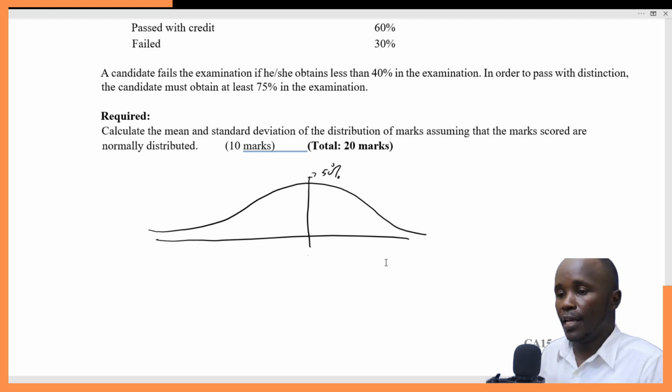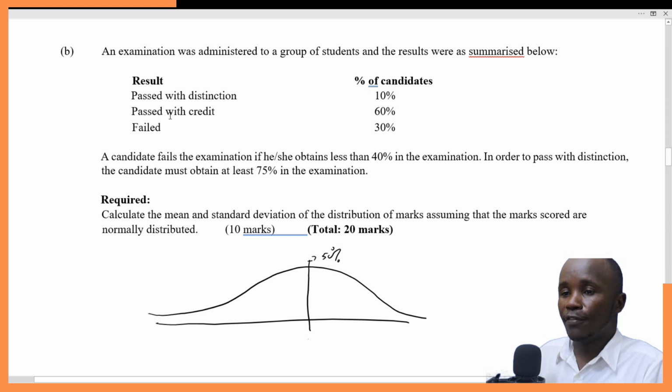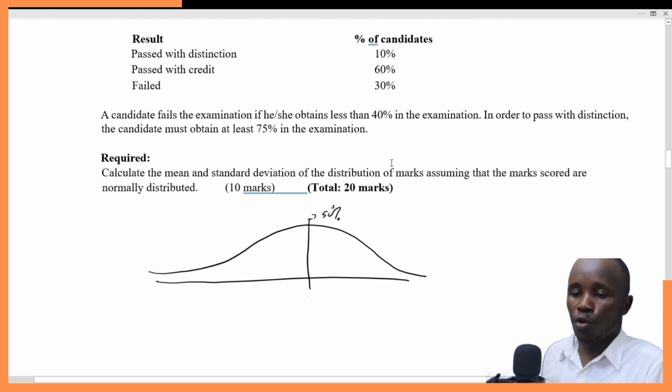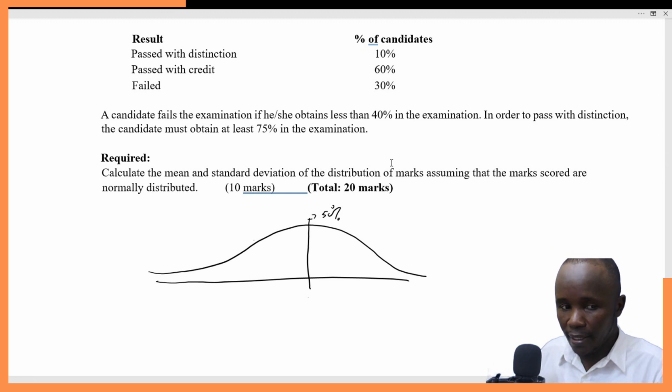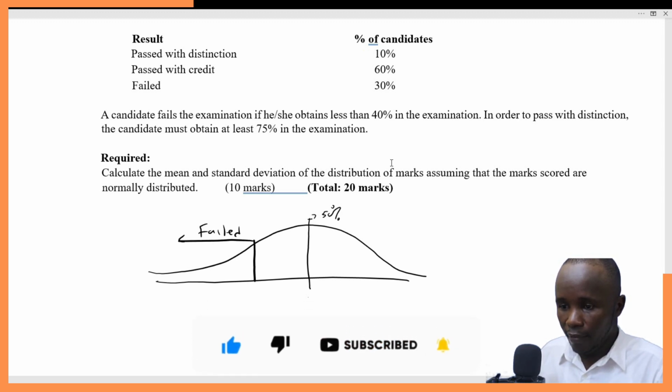That is normal distribution. Now, you are told that those students who failed are only 30%. So from 0 to 30%, this category here, all these people are considered failed. They are 30%.